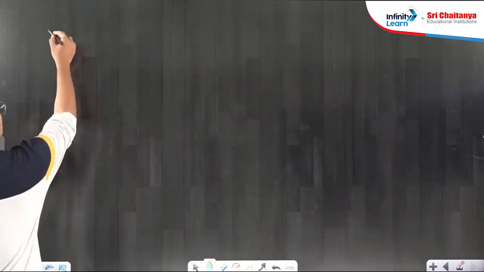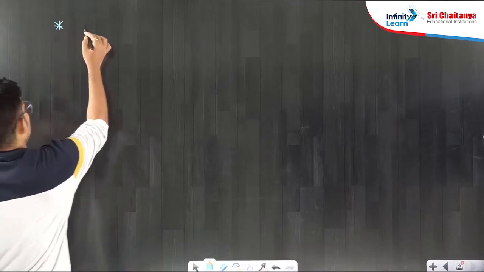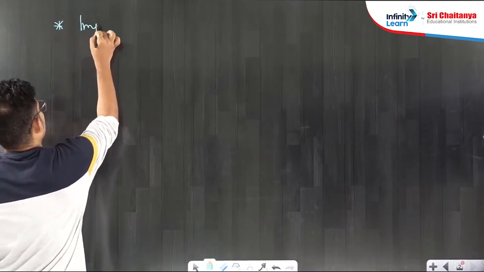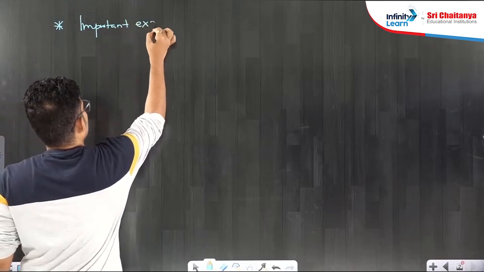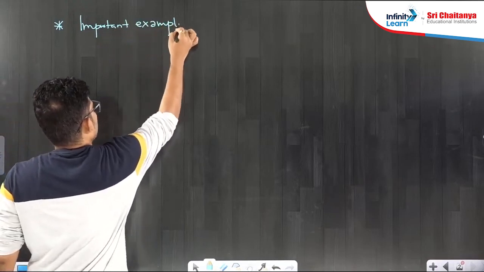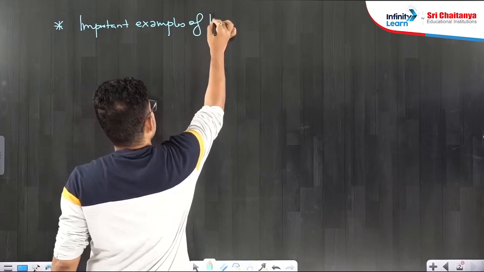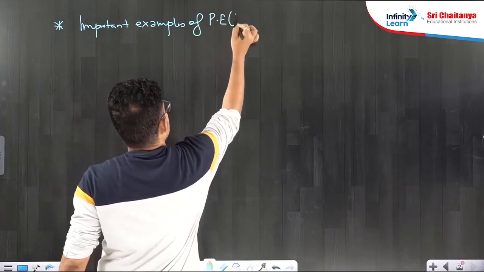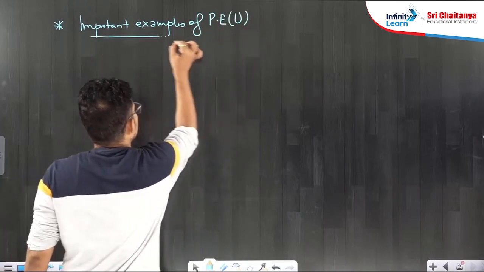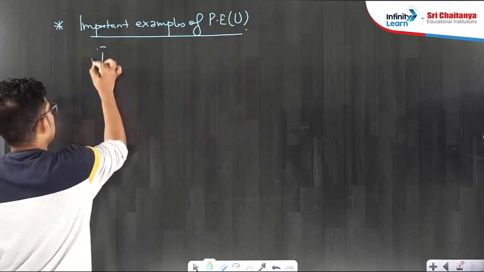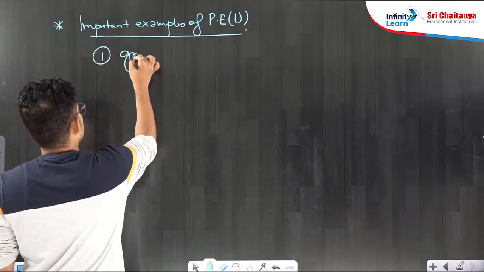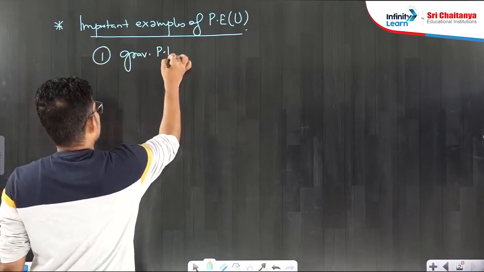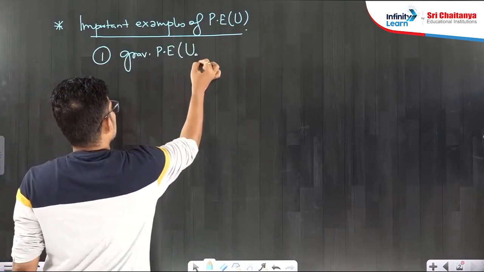Now next, when we talk important examples of potential energy, I have denoted potential energy as U, as I told. First we have gravitational potential energy, we will be denoting it as UG.